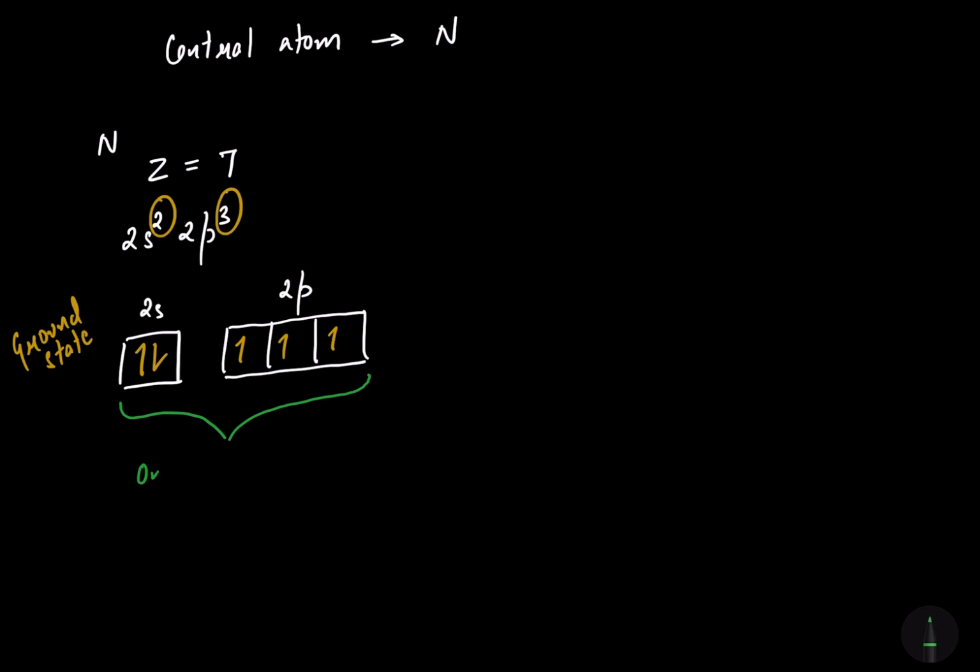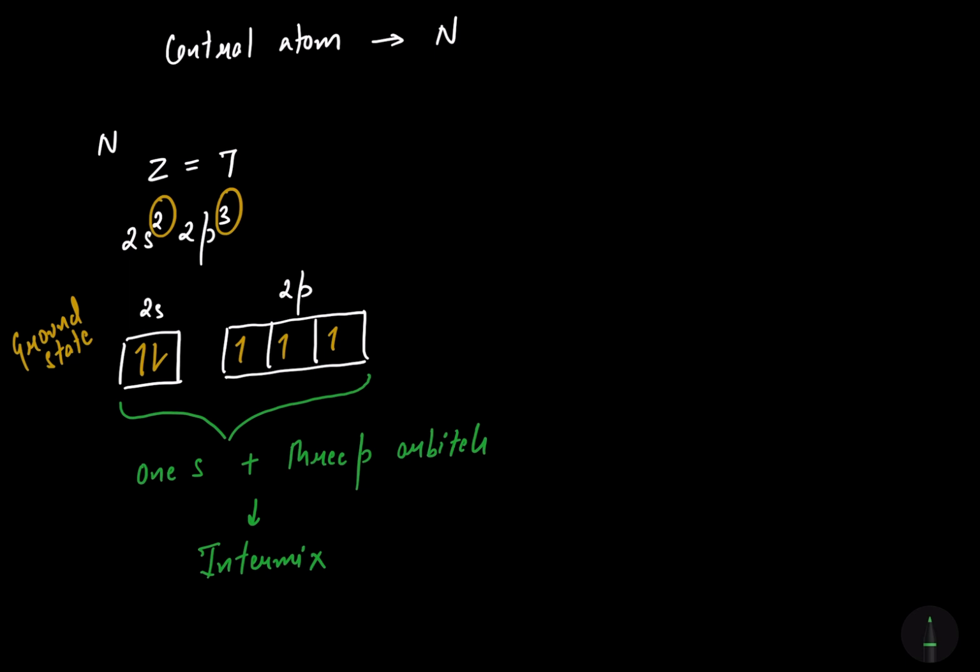That means here 1s and 3p orbitals will intermix. In the previous lecture, I have told you that it's a very general rule. During the hybridization, the s orbital will always be involved.